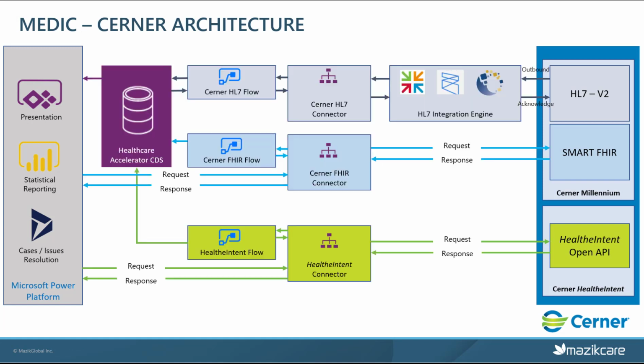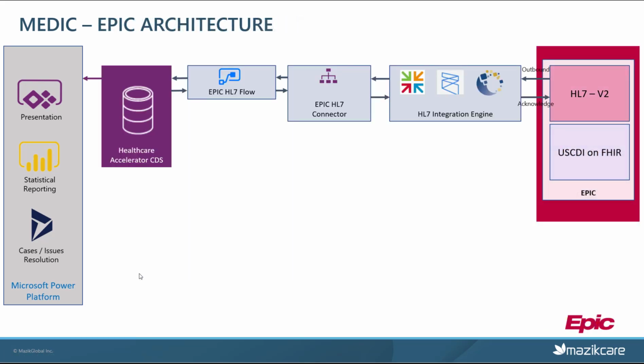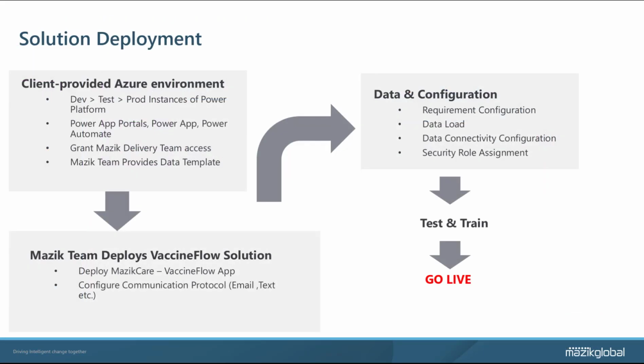We also have built-in integration with platforms like Cerner or platforms like Epic, where we support both HL7 through your health exchange, or we also support FHIR connectors to make sure that we can bring data back into the Microsoft Dynamics platform. We are also working on Epic integration, so it automatically allows you to push and pull data to Epic.